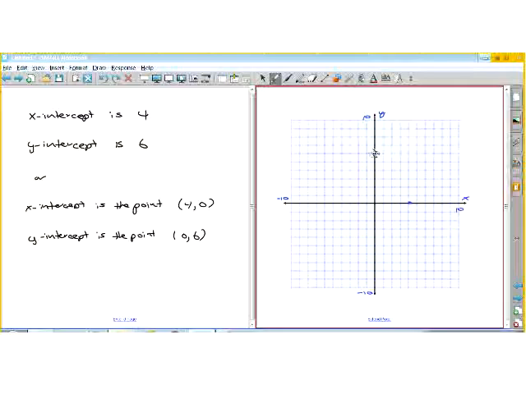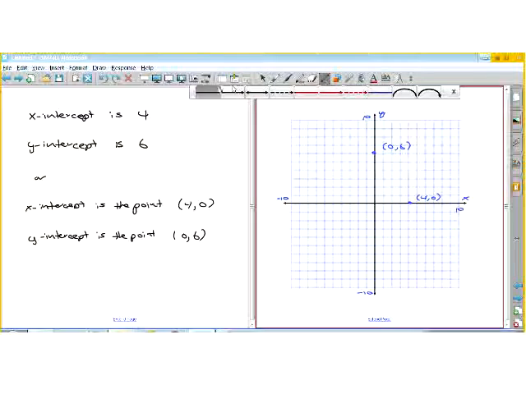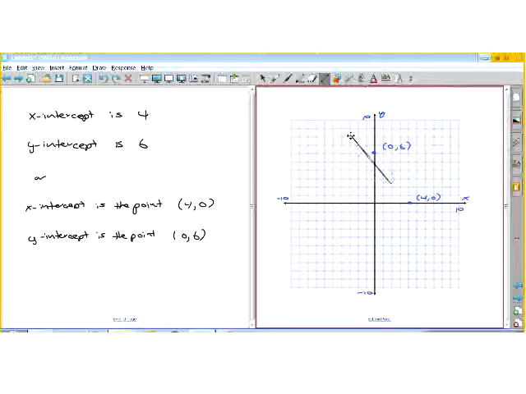The y-intercept is 1, 2, 3, 4, 5, 6, 0, 6. So this is 4, 0. This is 0, 6. And then the line is this approximate line. So that's the function. You only need 2 points to be able to draw it.